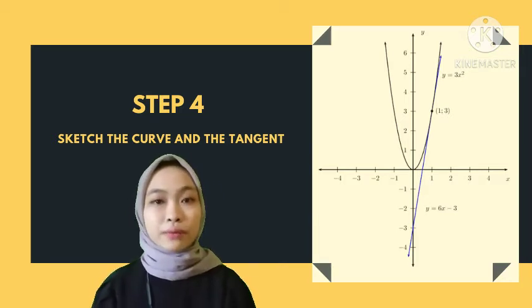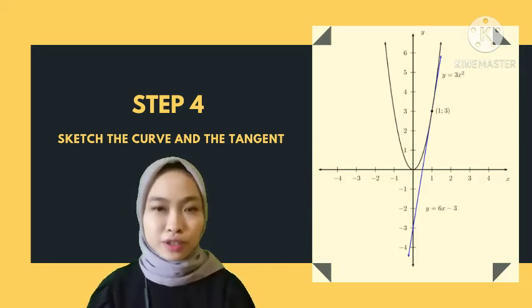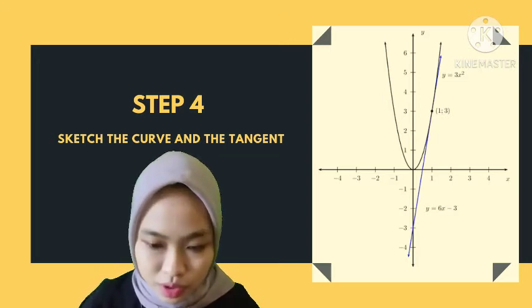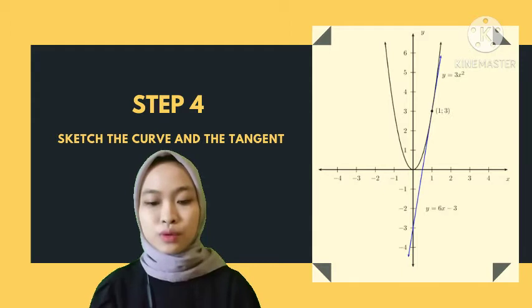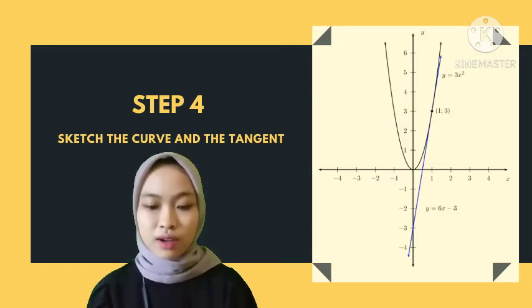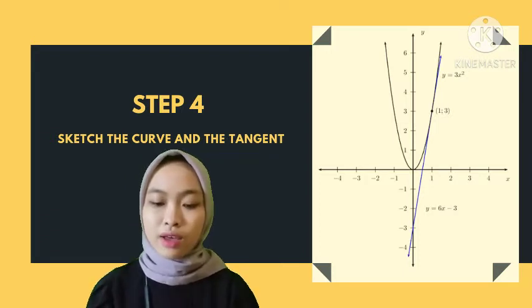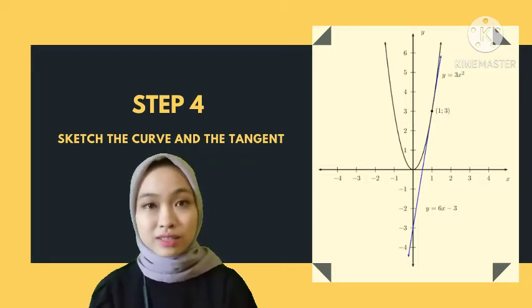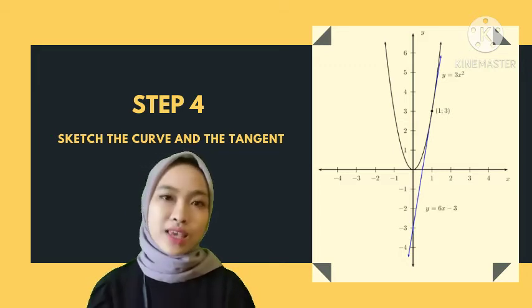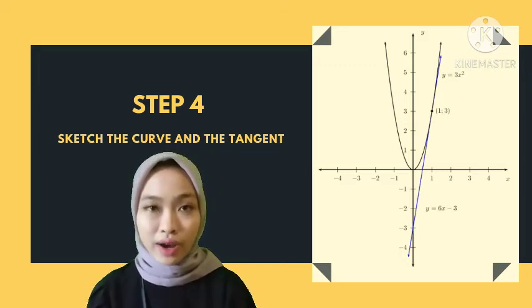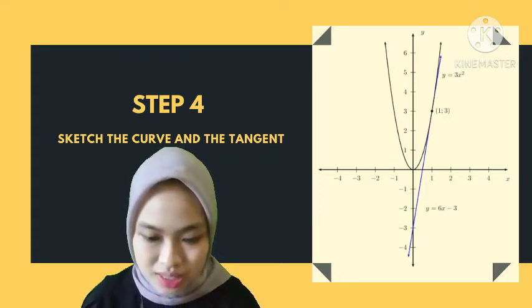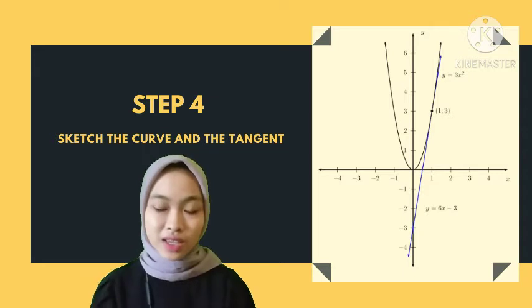So we substitute all of them, I mean the values. So substitute y is equal to 3x squared, and then the point (1, 3), where 1 is x and 3 is y, and then we substitute y is equal to 6x minus 3.